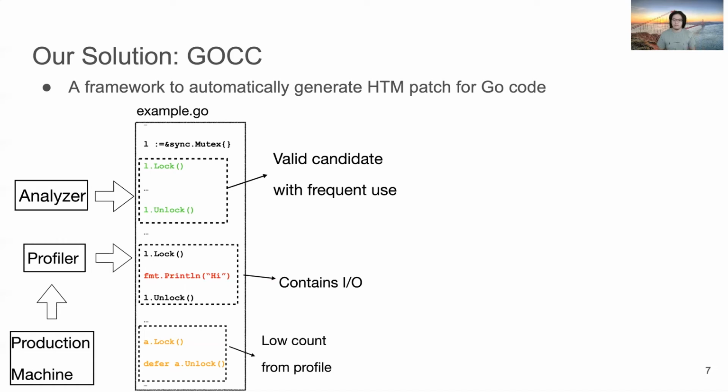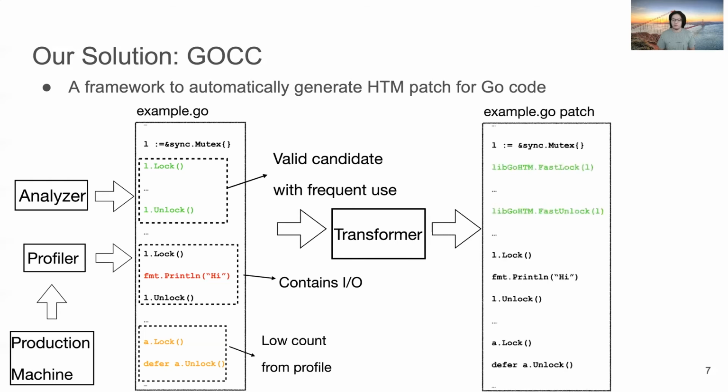However, because it's not frequently called, the benefit of using HTM is really limited, and we should just leave it unchanged. After all the analysis, Gocc will transform the code into a new patch, and the new patch has two new instructions that call into an efficient and customized runtime library.